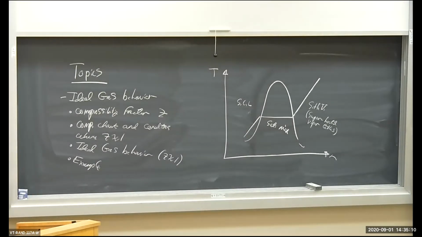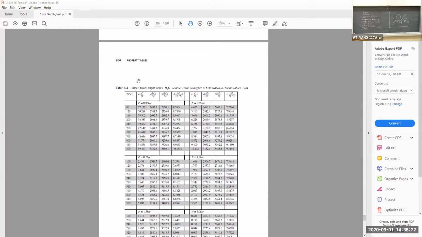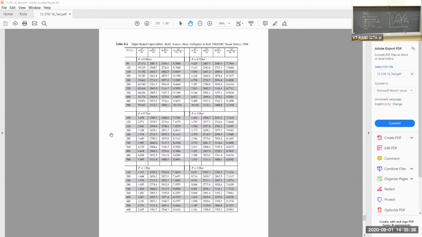So let's have a quick look at a superheated vapor table out of the text. This is a superheated vapor table for H2O: pressure, temperature, specific volume, internal energy, enthalpy, entropy. If you give me a pressure and a temperature, I can presumably go to a superheated vapor table out of the notes or the textbook and extract the various properties.